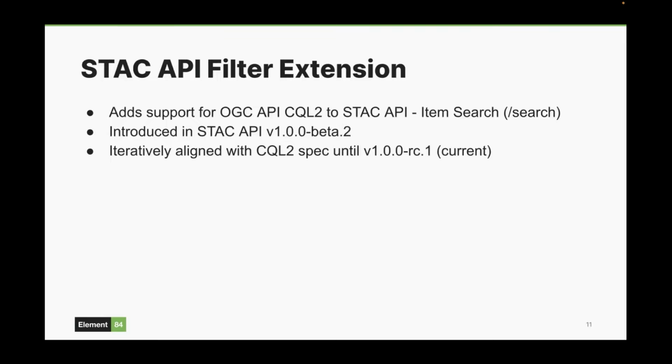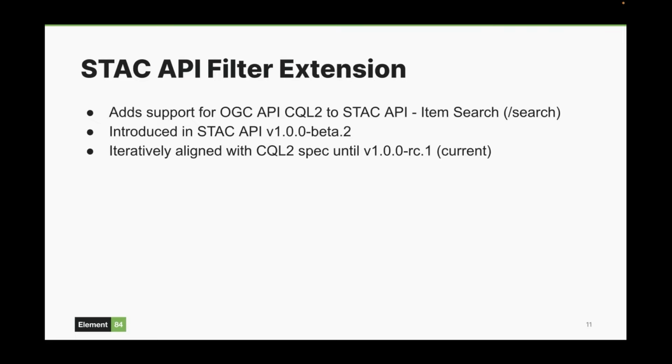Okay, so the STAC API Filter Extension. Most of the behavior in STAC, both Core STAC and STAC API, is done through extensions. This allows a lot more decoupling of the behaviors and allows them to be versioned independently. Currently, the STAC API spec is in 1.0.0 RC1 version.